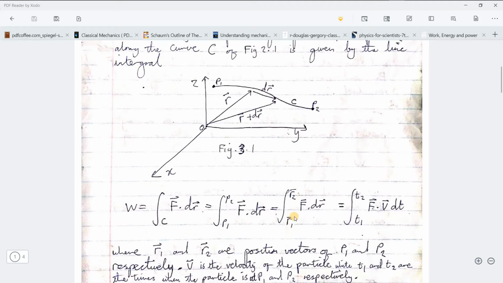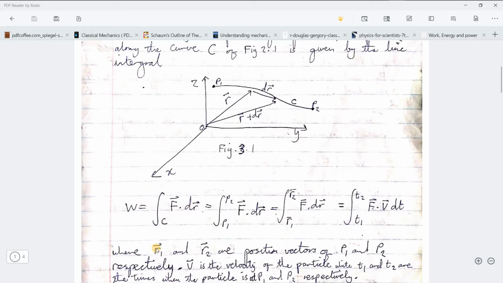We're integrating the dot product of force and the dr vector. This same work done is also equal to the integral of F dot v dt from initial time t1 to final time t2. So that's how we find the work done on a particle influenced by a force F.